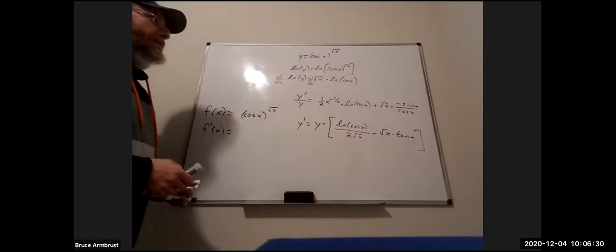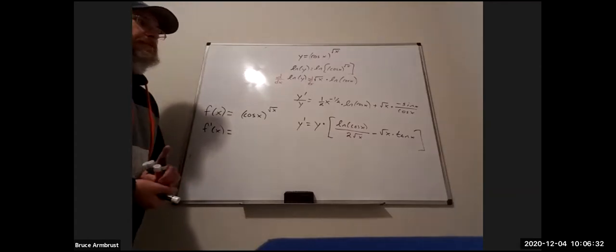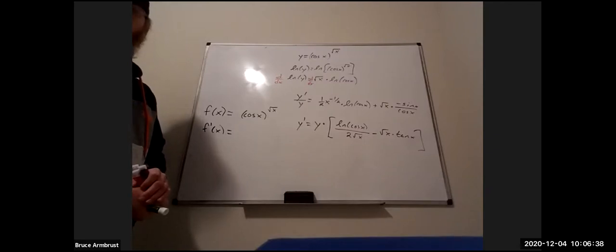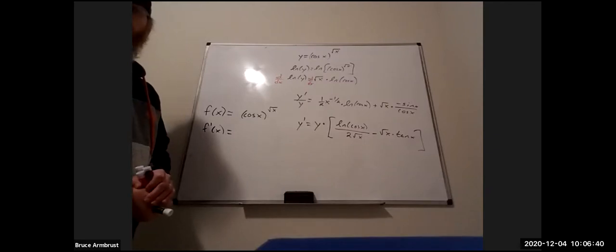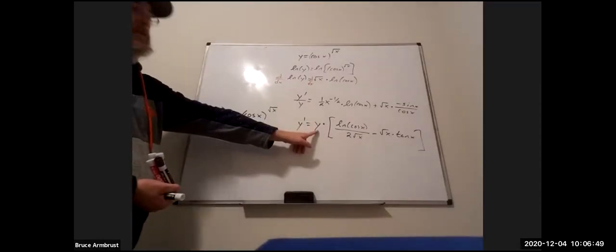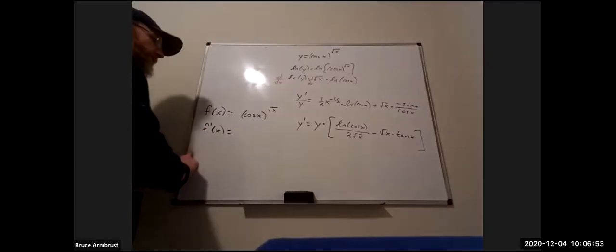So there's one last step. Do you remember what the last step to do here is? Plug in cosine x to the square root x for y? Yep, exactly. We need to replace that y. But we know what y is. It was the original function. So here's our derivative then.